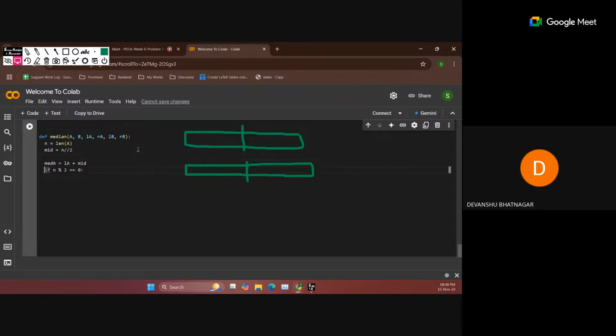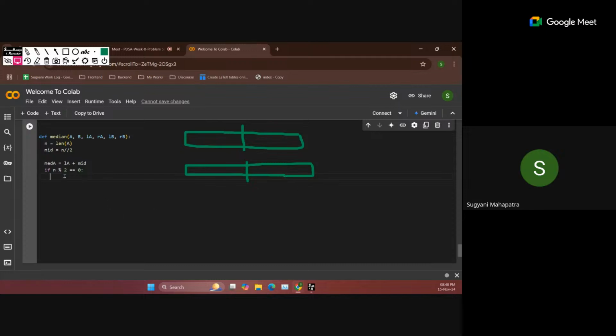Now for B, what will happen is if my n is an even number, then 2n will also be an even number, right? In the merged list, we will be having an even number. So we need the middle of two elements, right?